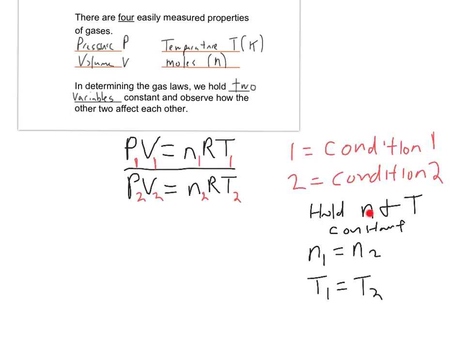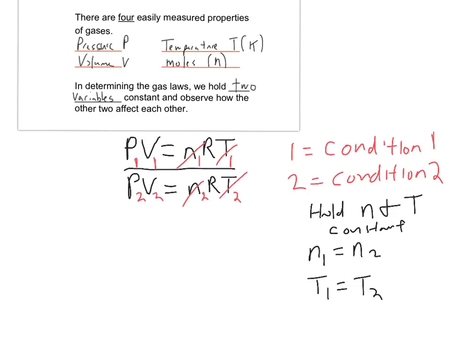If n and T are constant, that means they are not changing. That would mean that the amount of gas that you start with would be the same as what you finish with. Same for temperature. So since n1 is equal to n2, they cancel in this equation above.